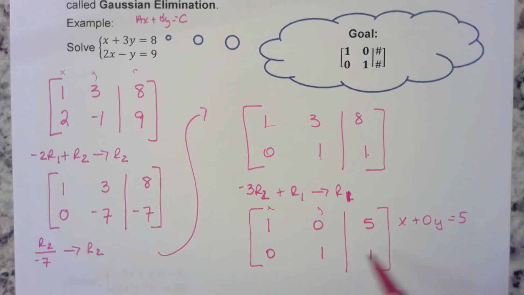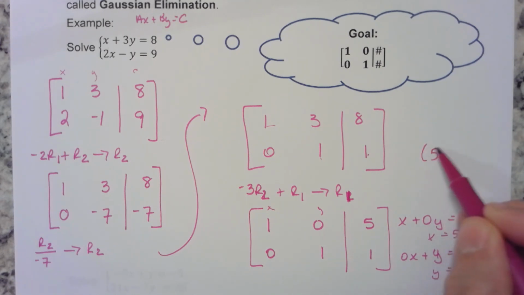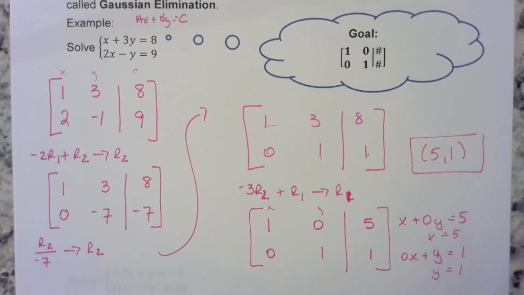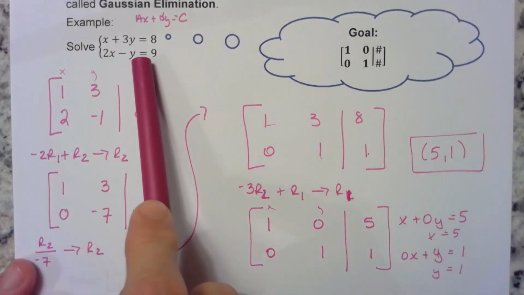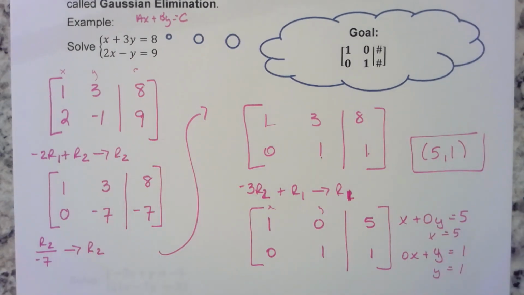And isn't this one 0x plus 1y equals 1? Well, this just means x equals 5, and this means y equals 1. That makes your solution (5, 1). And of course you can check that to make sure it's true by substituting it back into the system of equations.